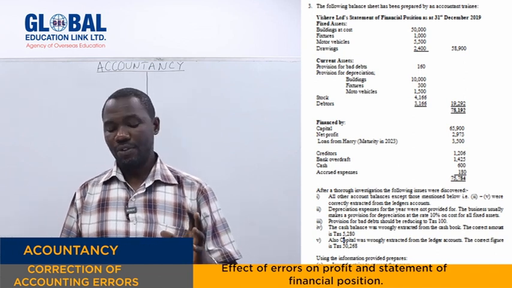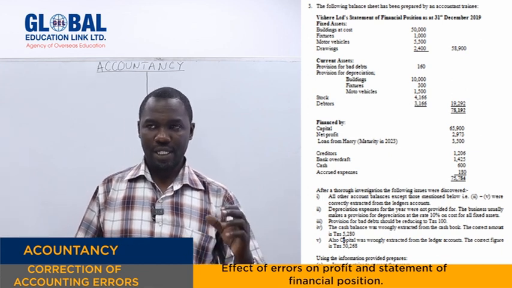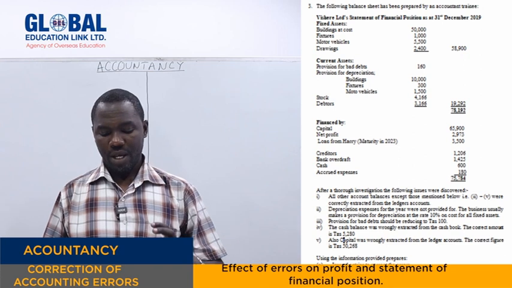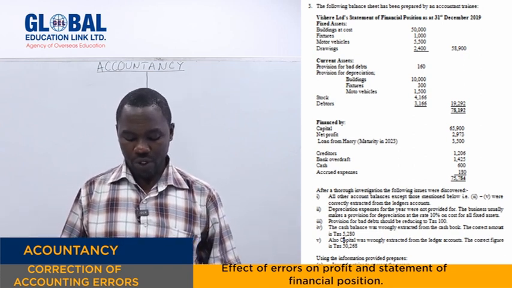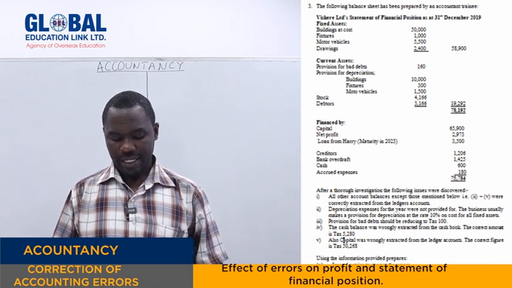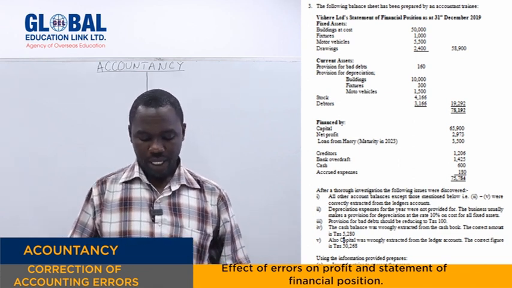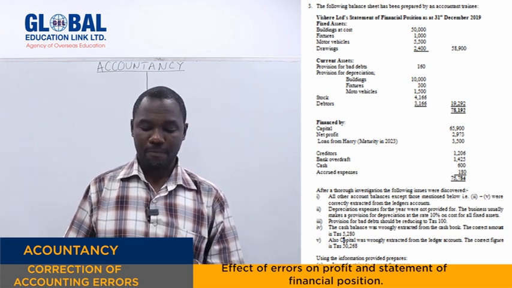So far, if you go through the question, there are a number of issues to consider. We are required to prepare a journal to correct the errors, also to prepare a statement of corrected net profit, and also to correct the statement of financial position.